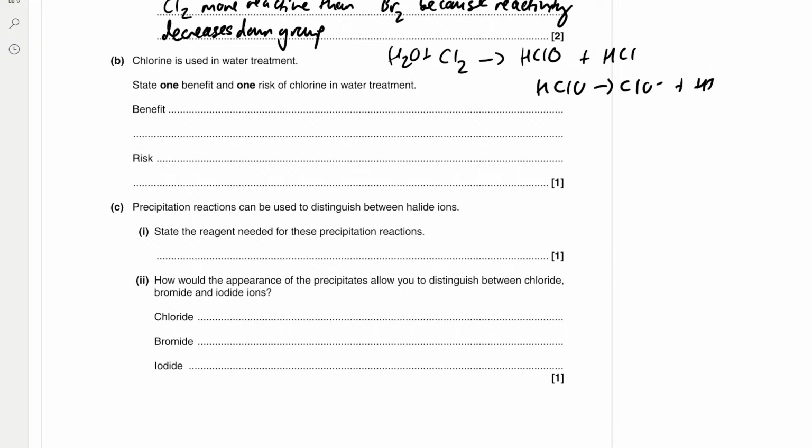So the ions that it forms, and especially the chlorate(I) ions, ClO minus, they kill bacteria in the water. So we can just put that it kills bacteria, or that it makes water potable. So that just means drinkable.